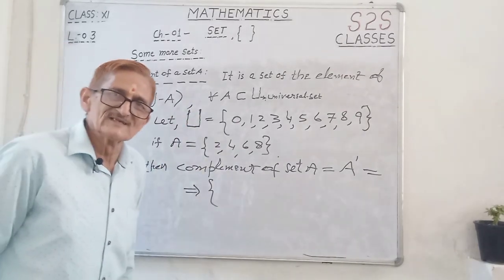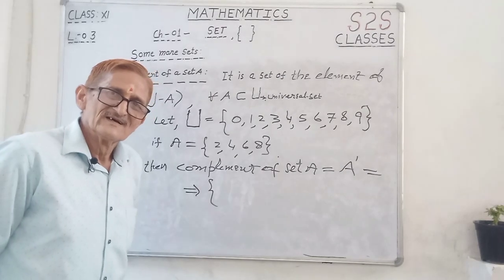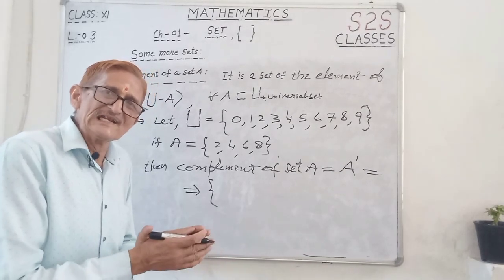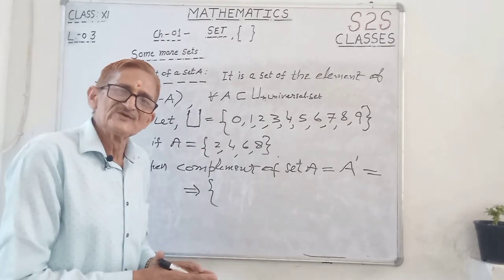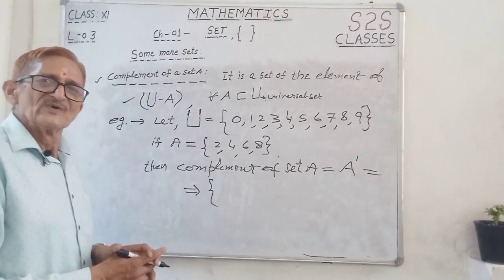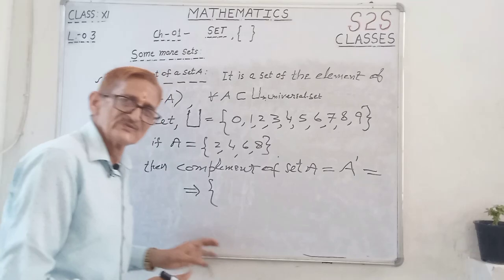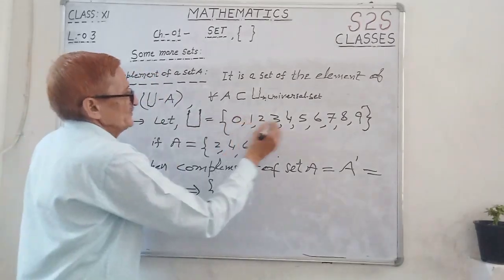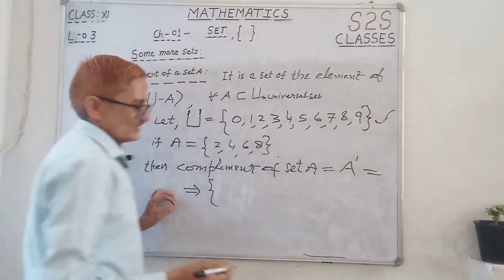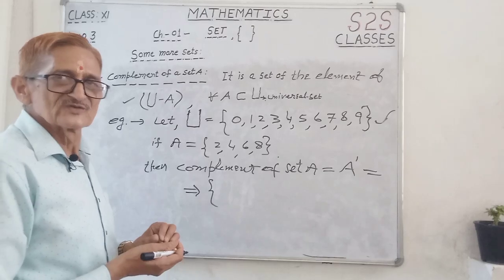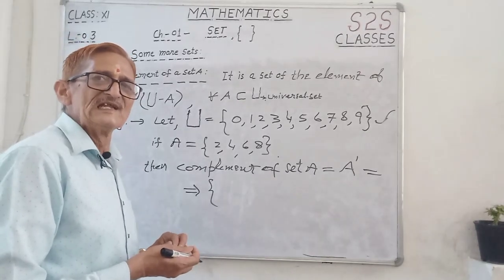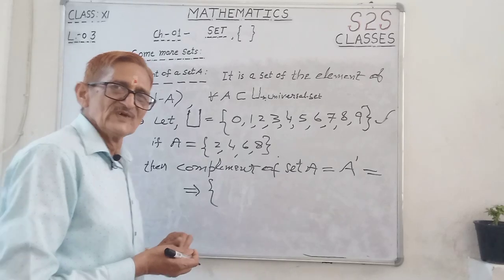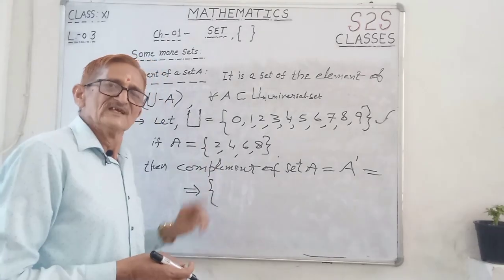U minus A means the remaining elements after deleting all elements common to U and A. A is the subset, so subtract the subset and keep the remaining elements after deleting all elements of set A in U.